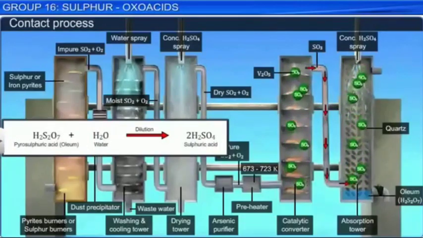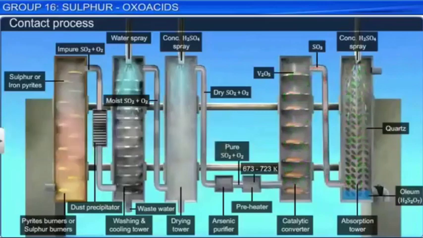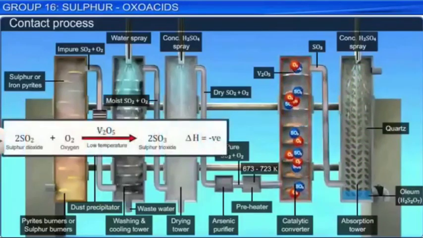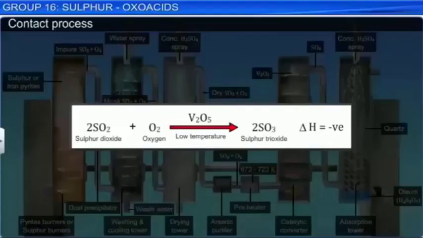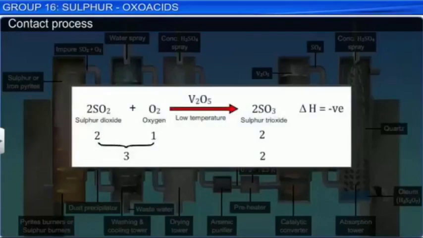The key step in the manufacture of sulfuric acid is the catalytic oxidation of sulfur dioxide to sulfur trioxide with atmospheric oxygen. The forward reaction is exothermic and is favored by a low temperature. Since there is a decrease in the number of moles of gas, the process is favored by a high pressure.